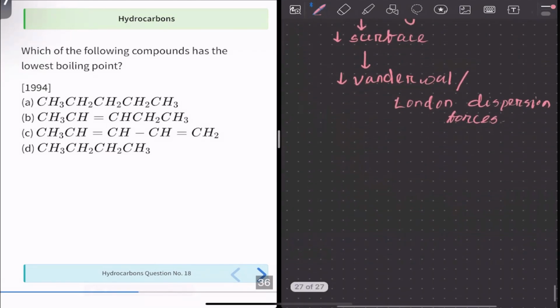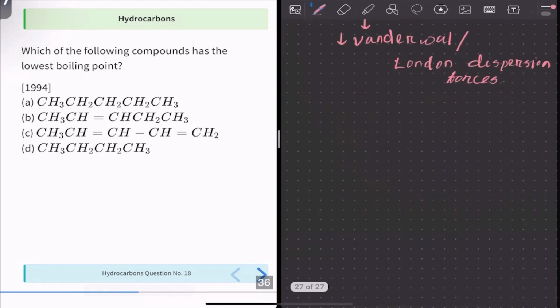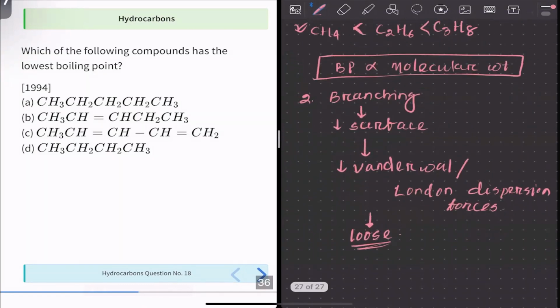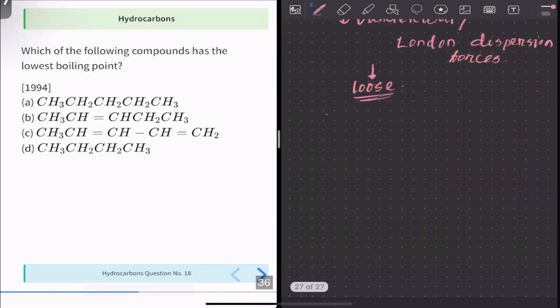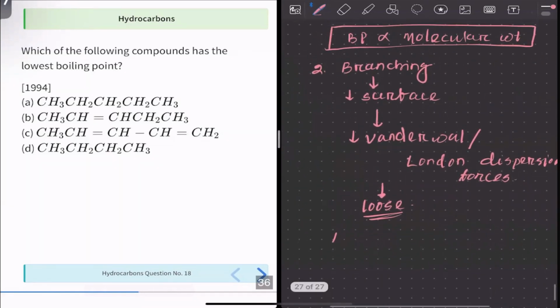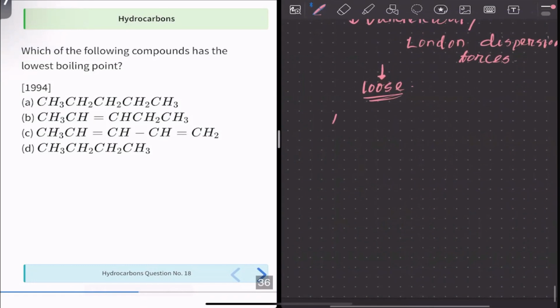Okay, so they will be loose, so they will evaporate easily. So boiling point is inversely proportional to branching.